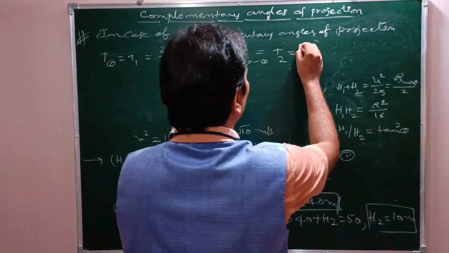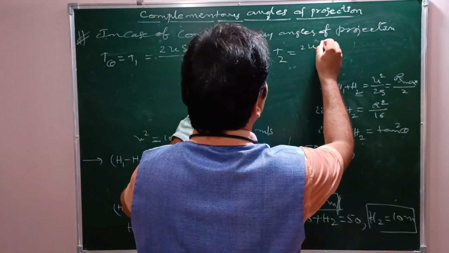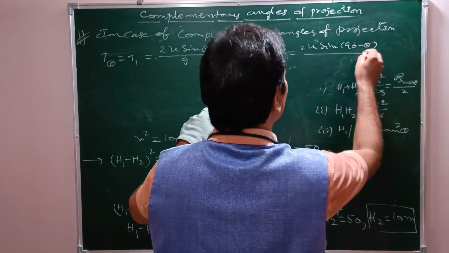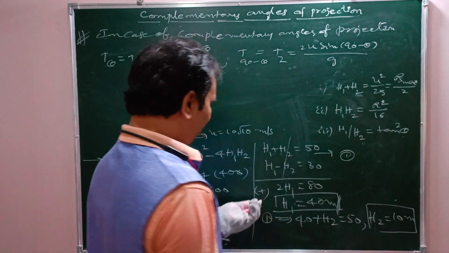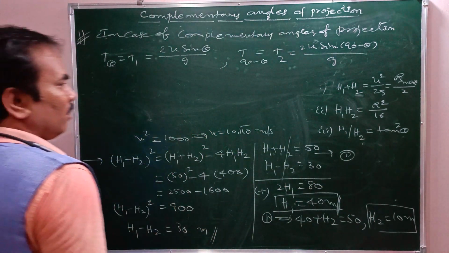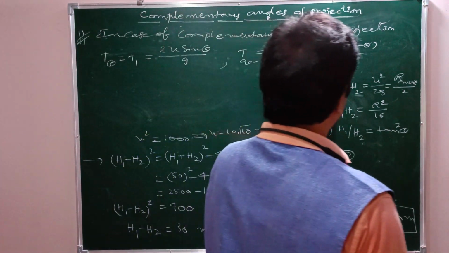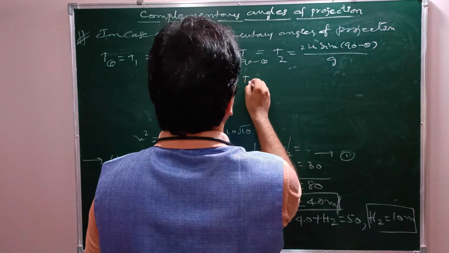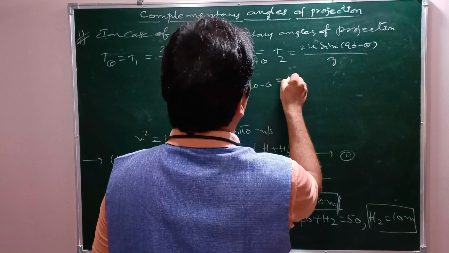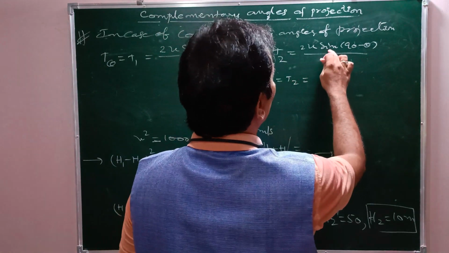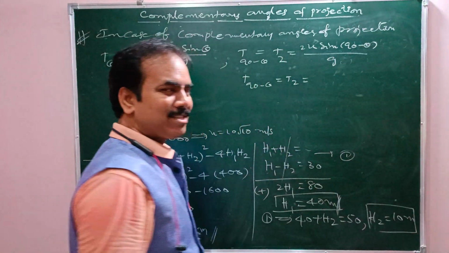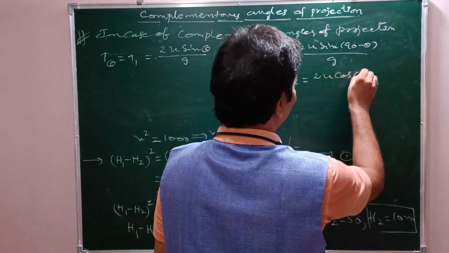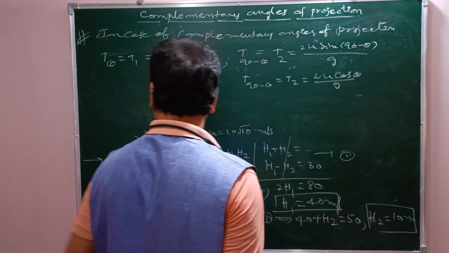So 2u sin (90 minus theta) by g, that is t2 equal to 2u by g into sin (90 minus theta), means cos theta, that is 2u cos theta by g, right?